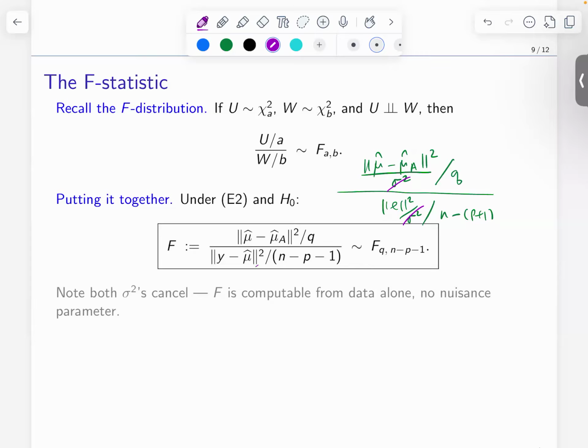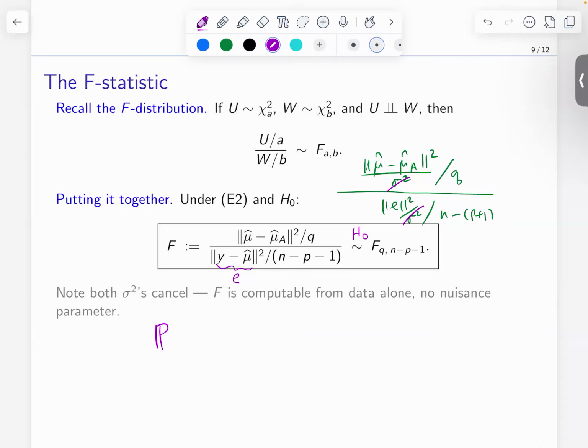So this statistic, this is really e squared. It's easier to write it as a norm, but you can also write it this way. It doesn't matter which way you write it. Under H naught, we have an F distribution. Because I have an F distribution under H naught, I can just set a threshold. This is a non-negative quantity, so I'm going to want to reject for large values.